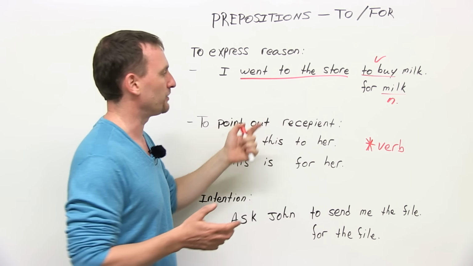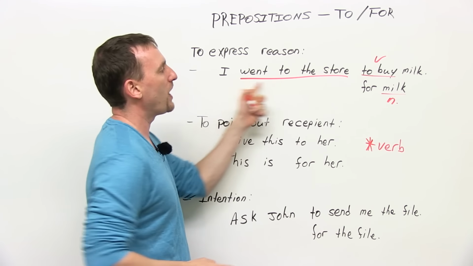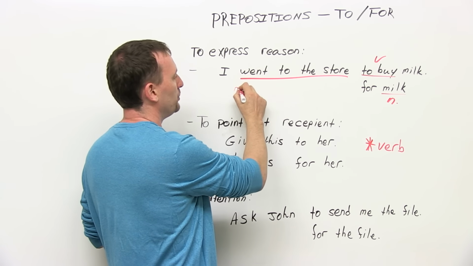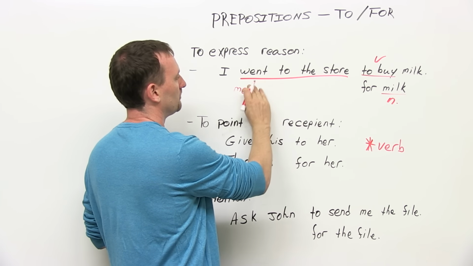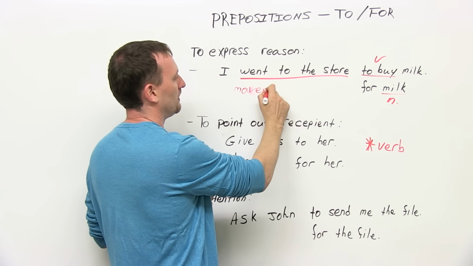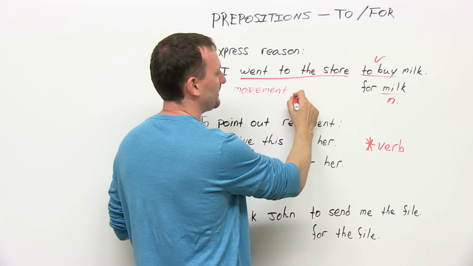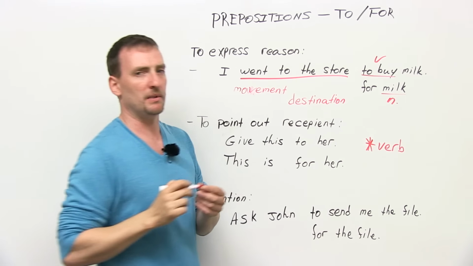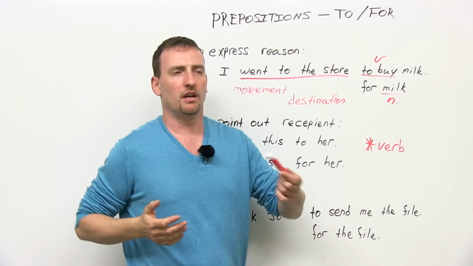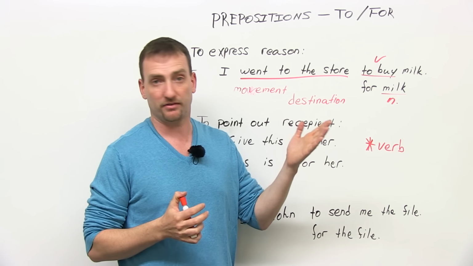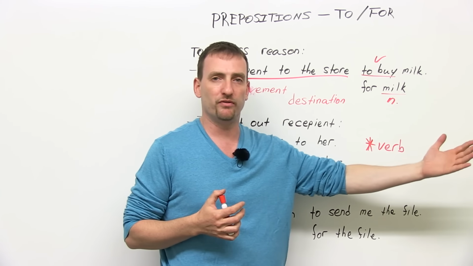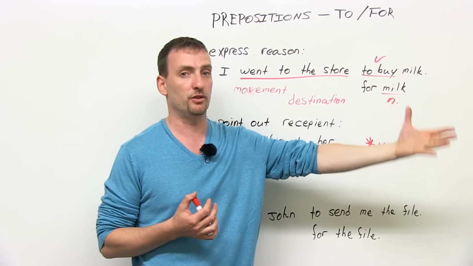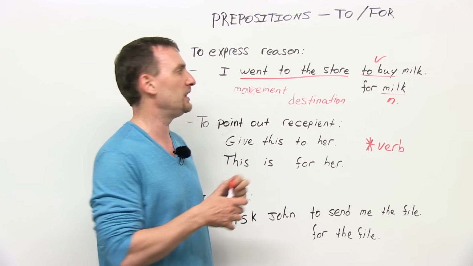Now, before we go to the next one, I want you to look at this. I went to the store. Whenever you have sort of a movement, and you have a destination. By movement, I mean go, walk, drive, take the bus, for example. Anything that involves you moving or going somewhere, and then you're talking about the destination, the place that you are going to, it's always going to be "to."